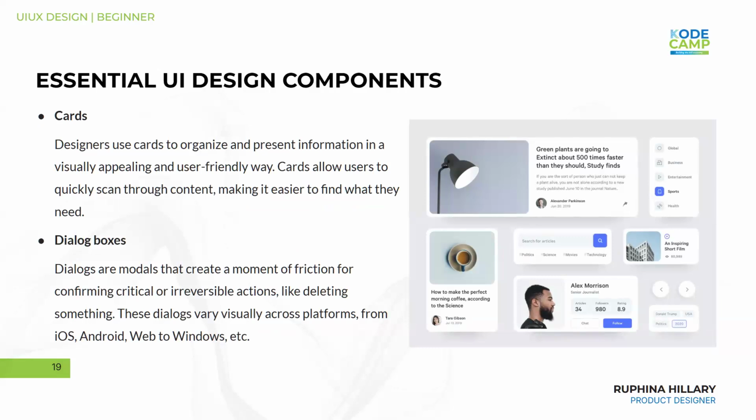So now you have a lot of information. If you look at this picture that is attached here, an e-commerce platform is a very popular place where we use cards, right? You have the picture of your product, you have the description, you have the price, and maybe discount information.